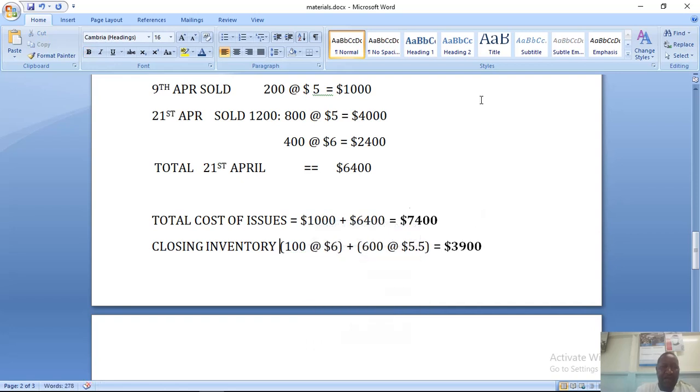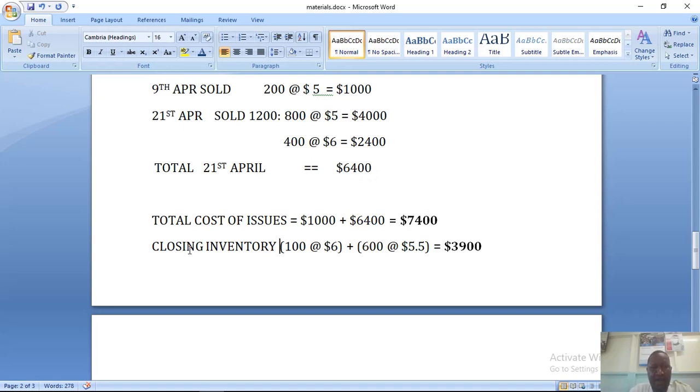So there we are. The total cost of issues: 1,000 for the issues made on the 9th of April, plus 6,400 in total for the issues made on the 21st of April, and that gives us a grand total of 7,400.